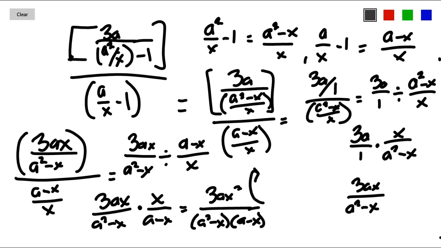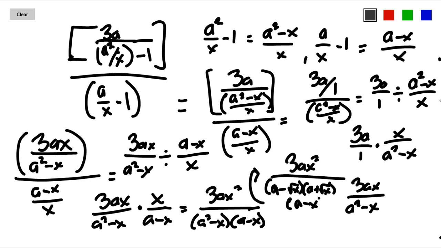So whenever you perform the complex fraction operations, you end up with 3ax squared on the top divided by a minus the square root of x, times a plus the square root of x, times a minus x.